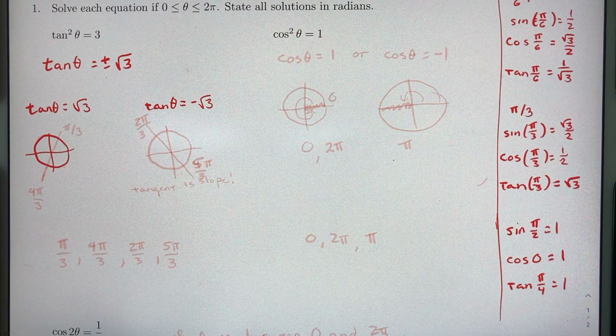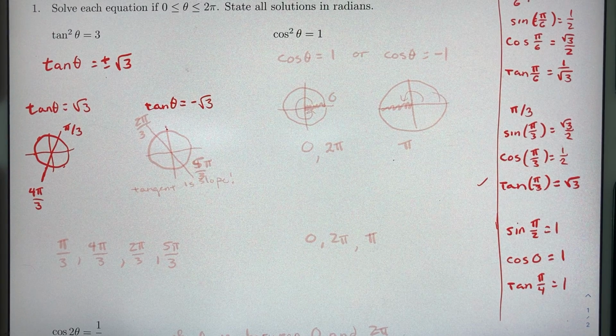So if I look at this, again, one of them is pi over 3. But then the other one is the version of pi over 3 where sine and cosine are both negative. So that would be the third quadrant version of pi over 3, which is 4 pi over 3. Again, 1, 2, skip 3, 4, 5 is the one in the fourth quadrant.